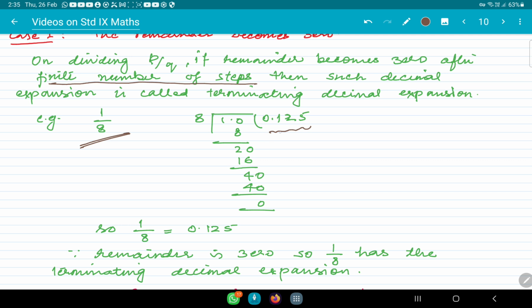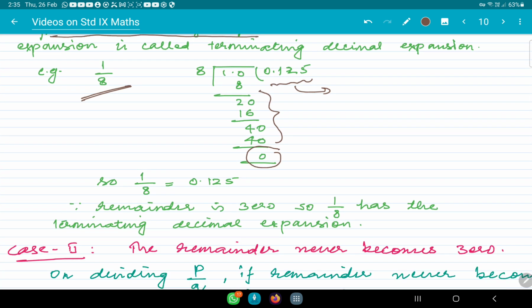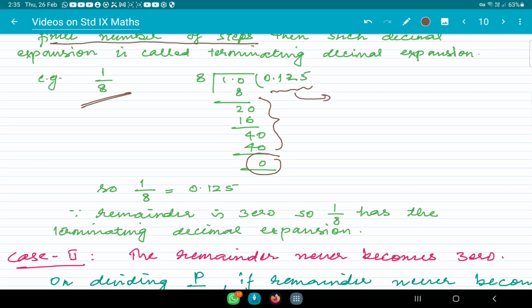After 2 or 3 steps we get 0.125, and after 125 our remainder becomes 0. So since the remainder is 0 after a few steps, we say that this is a terminating decimal expansion.